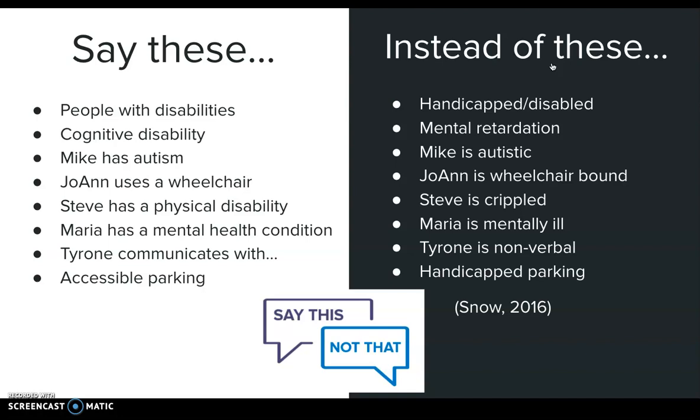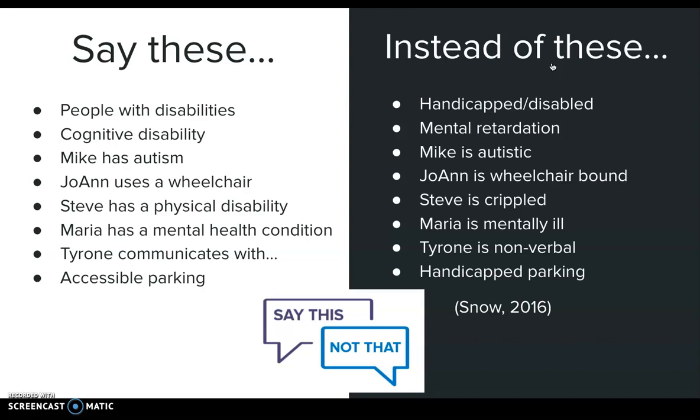Saying mental retardation should be said cognitive disability. This is a good example. Mike is autistic. That's in the past. We shouldn't say Mike is autistic. We should say Mike has autism. It's just something he has. It doesn't necessarily define Mike.